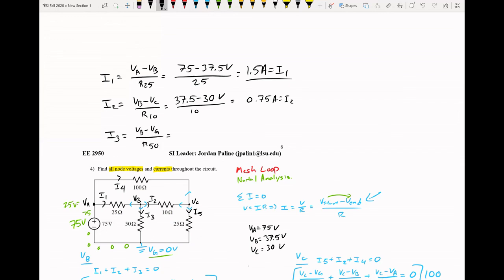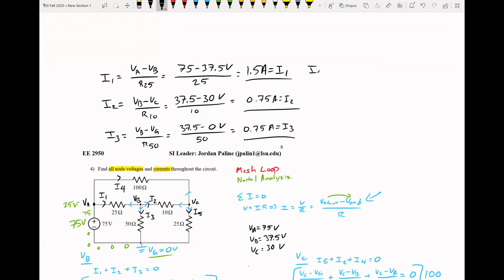So this will be 37.5 minus 0 volts over 50. That should give us 0.75 amps for I3.